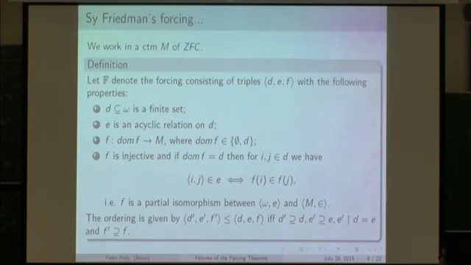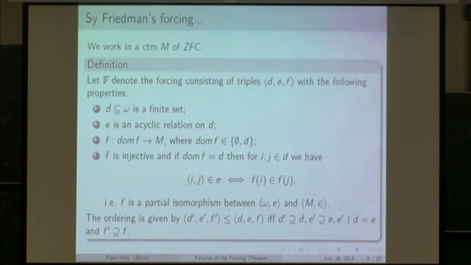And so now I'm coming to the counterexample for the forcing theorem. This counterexample is a forcing that was invented by Cy Friedman and never properly published. So let me give the definition. We work over a countable transitive model M of ZFC.